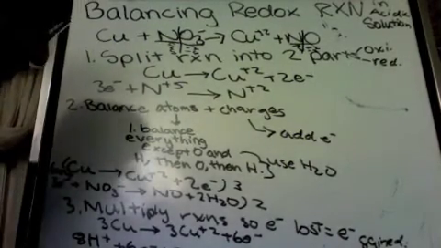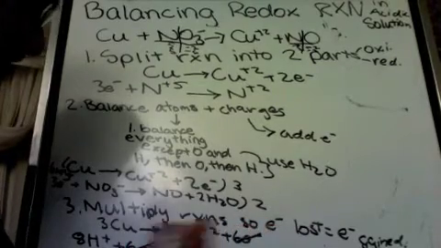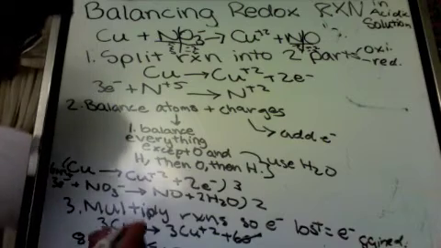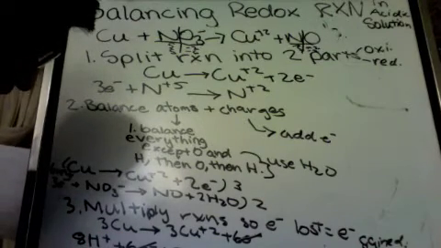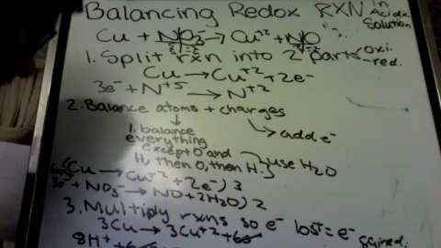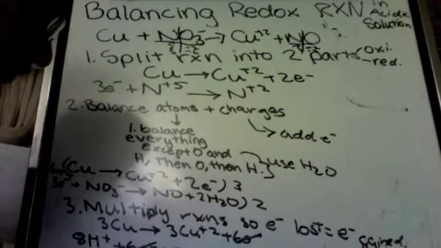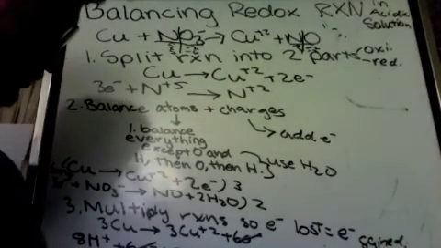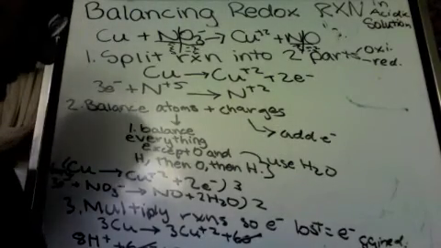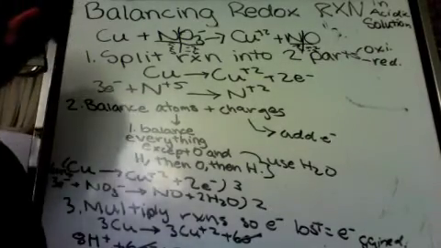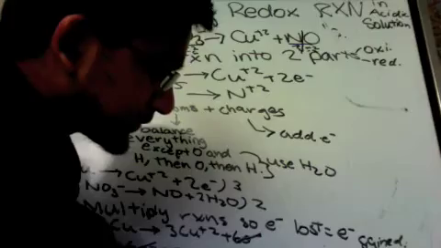Now you know right here that the 6 electrons will cancel out, and then you just add the reactions up. You get 3 Cu plus 8 H plus 2 NO3 minus goes to 2 NO plus 3 Cu plus 2 plus 4 H2O.